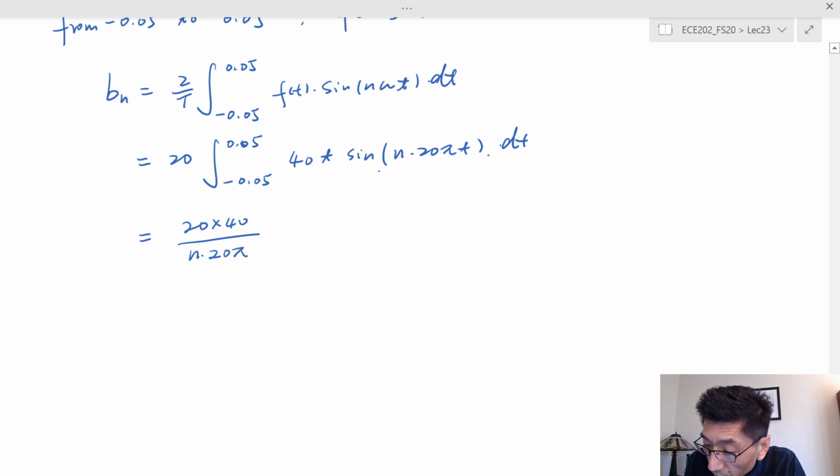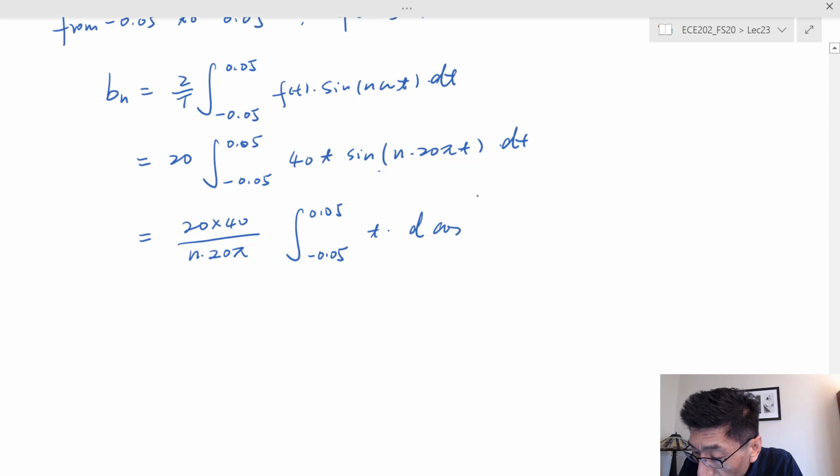Now we can move this inside the d here, from negative 0.05 to 0.05, and I have t times d of cosine, n times 20 pi t. And I should have a negative sign here because the derivative of cosine x is equal to negative sine x.